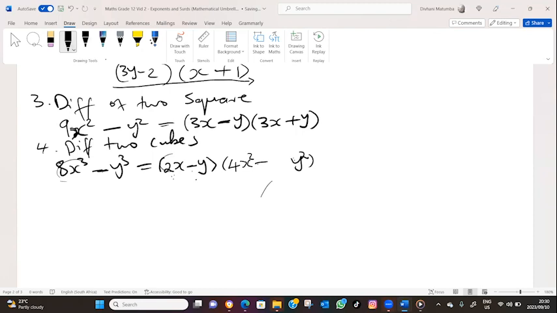If this is a minus, then this one should be a minus. Now here, if you get the product of these two, it will be 2xy. That's it. The opposite of the difference is the sum between two cubes.